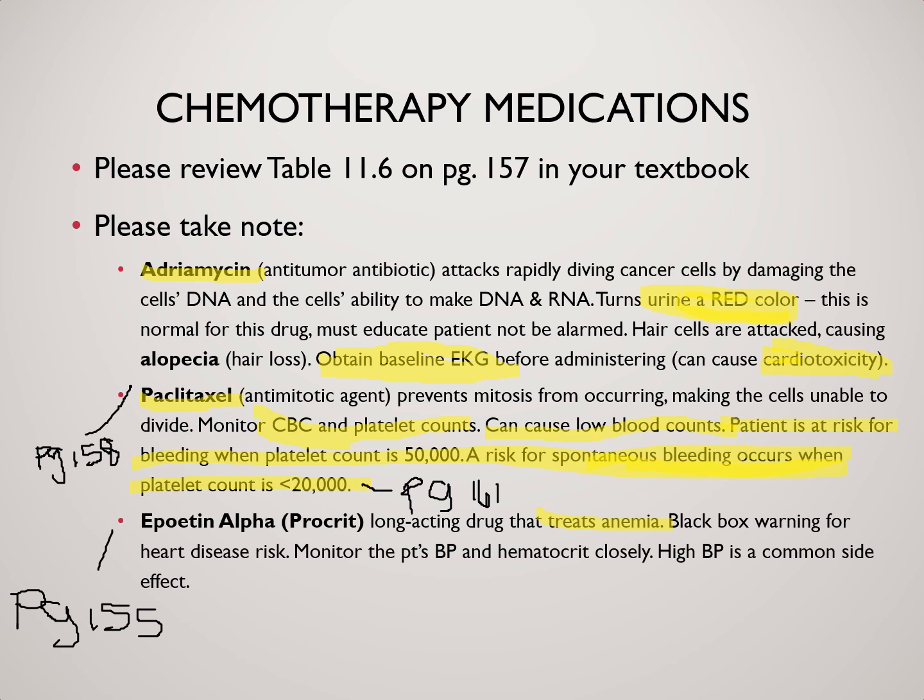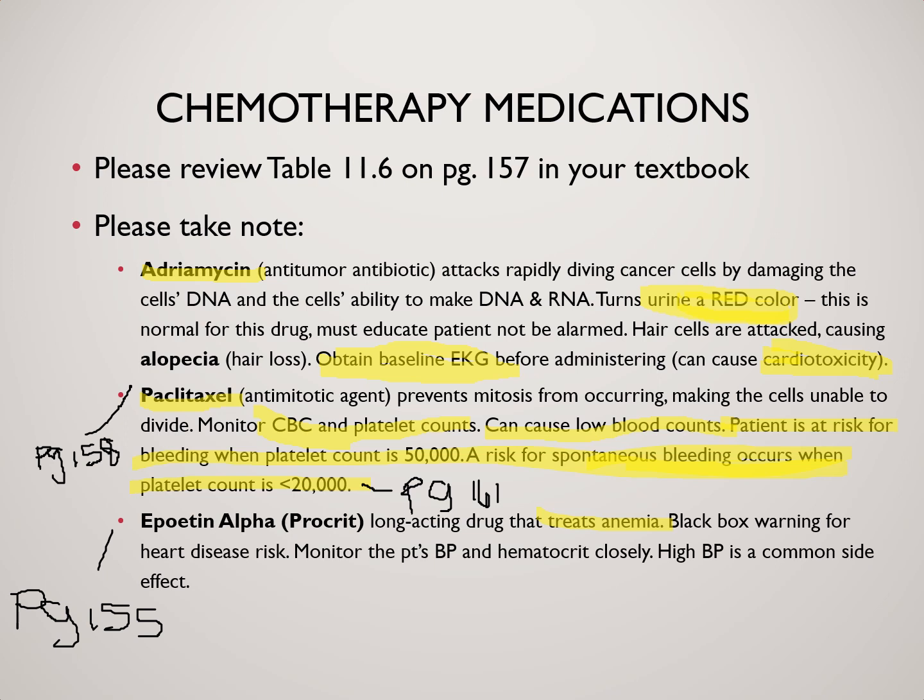It comes with a black box warning for heart disease risk, and a black box warning is like the highest warning. You're really concerned about the patient's heart disease risk because you're adding a lot of extra blood volume here. So like heart failure patients, things like that, it'd be very dangerous.